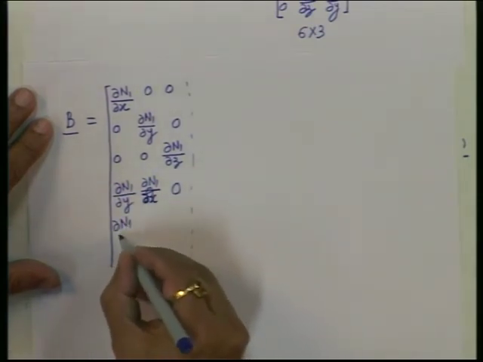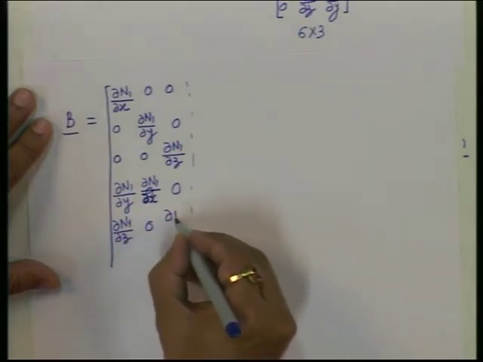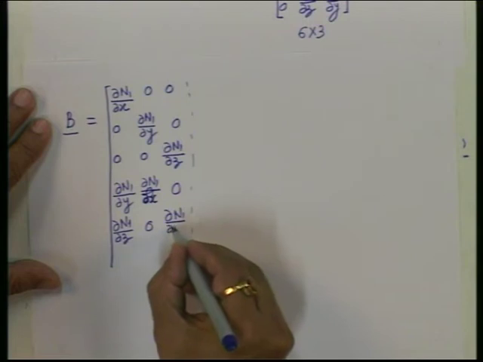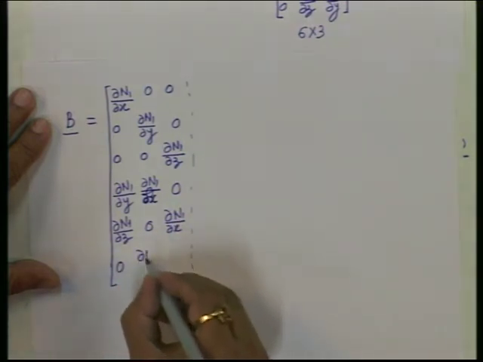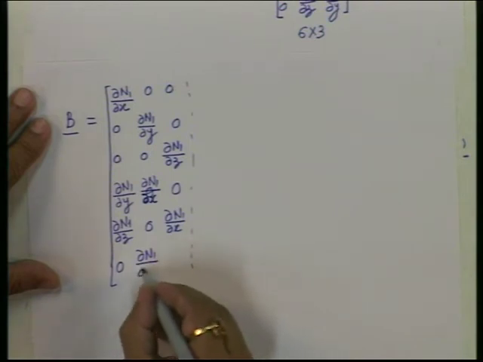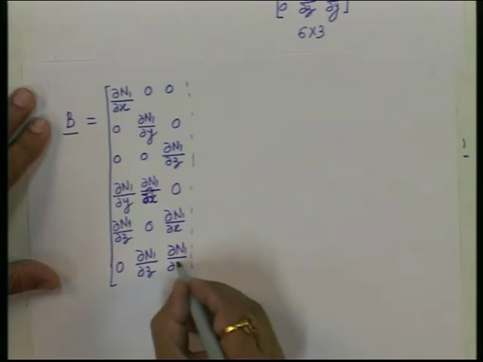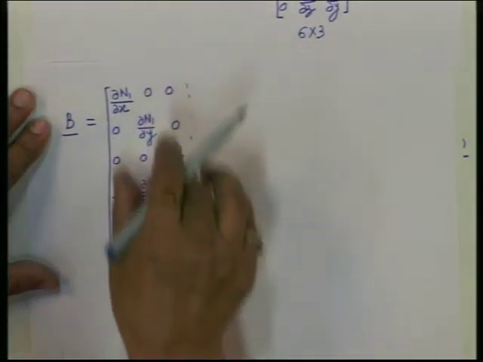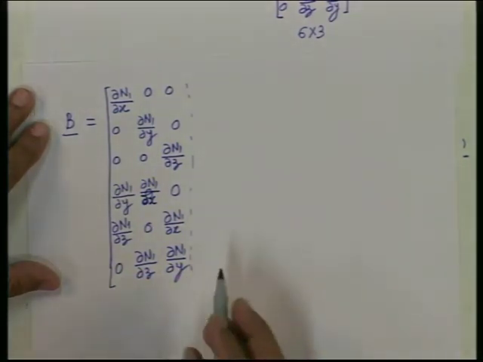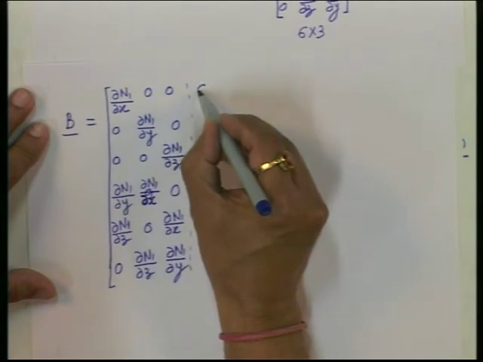This one will be dN1 by dz, 0, dN1 by dx, and then this one will be 0, dN1 by dz, dN1 by dy. Similarly, the first block is only N1, and the second block will be similarly with all N2.